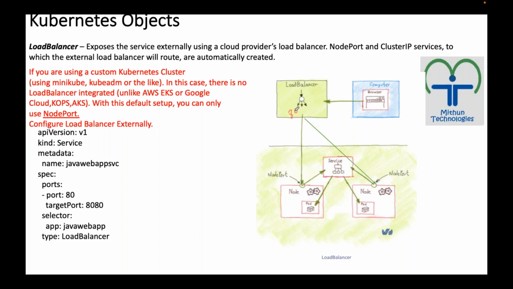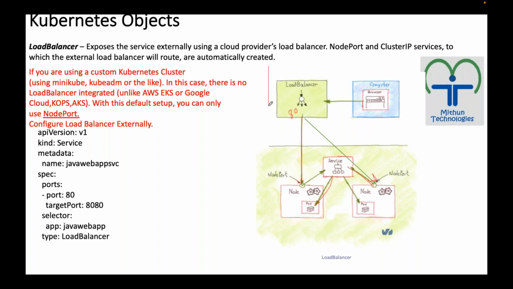Is it forwarding the traffic to the Kubernetes nodes on node IP and node port in the background? Yes. Once it reaches that node IP and node port, is the request forwarded to the cluster IP, from node IP to cluster IP, and from cluster IP to any one of the pod IPs? The request goes to the node, to the service, that cluster service, to the pod.